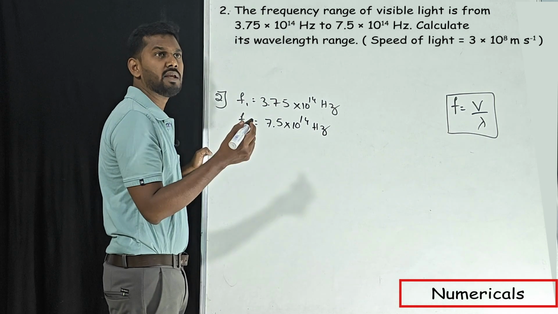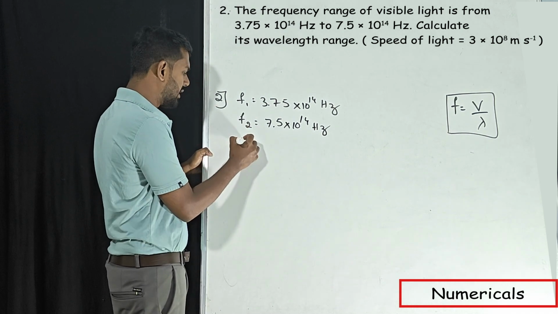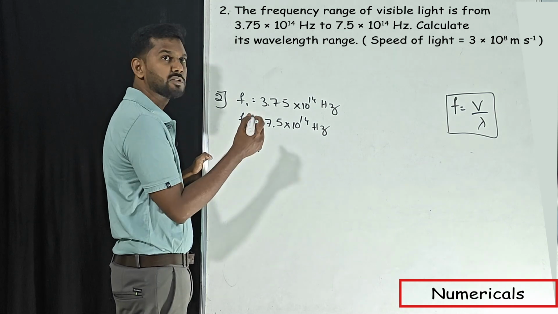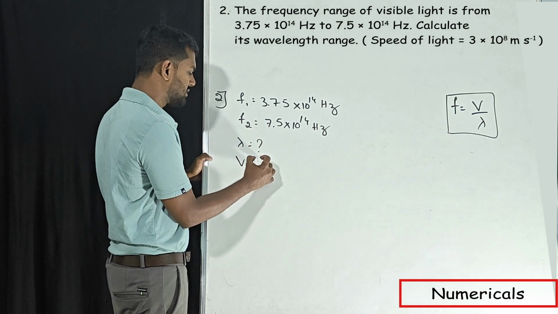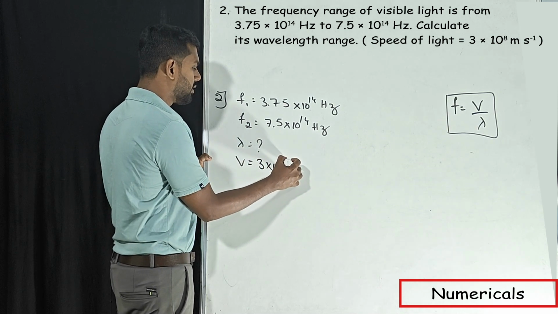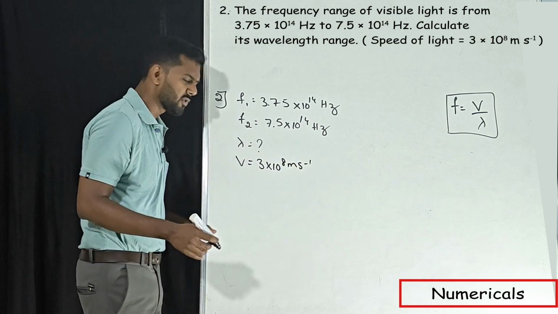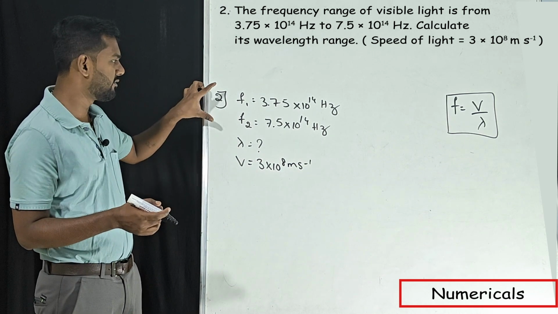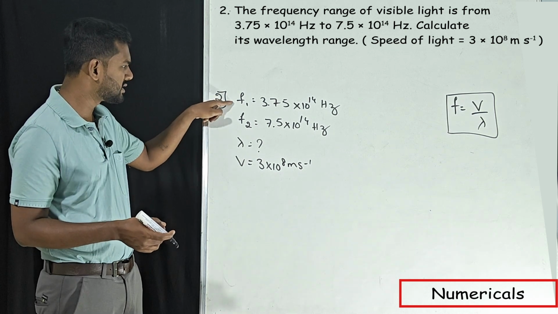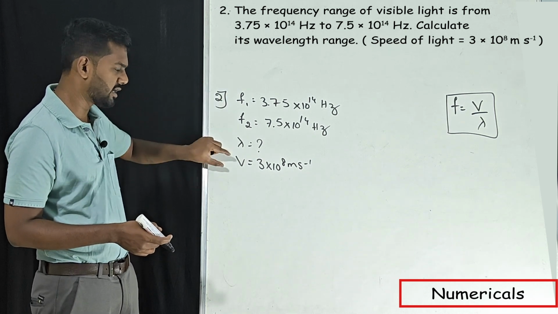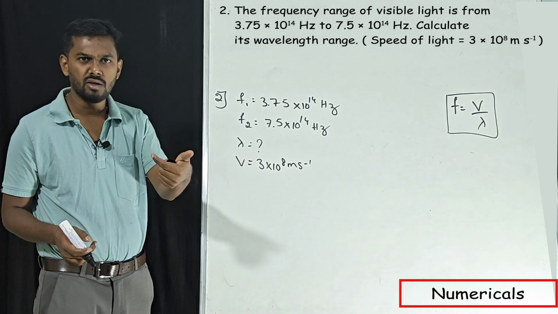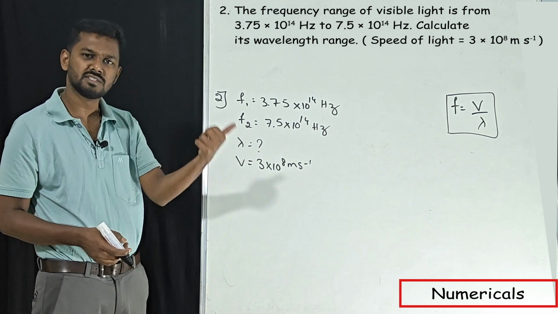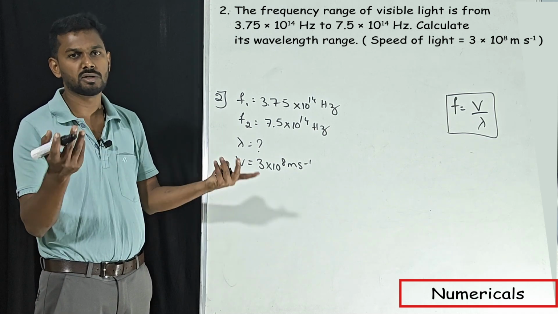We have to calculate the wavelength. The velocity of light is given as 3 into 10 power 8 meter per second. Very simple. We need to find the wavelength range. They have given the frequency range. Using the first frequency and velocity, we will get one wavelength. Then using the second frequency and velocity, we will get the second wavelength. That is nothing but the range.